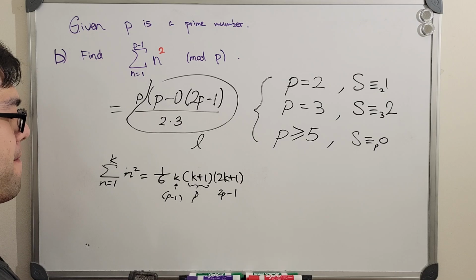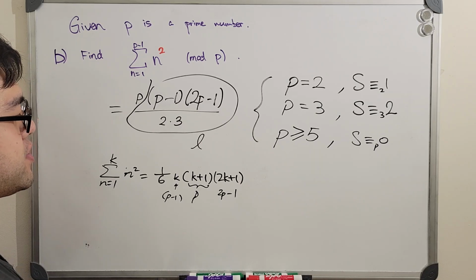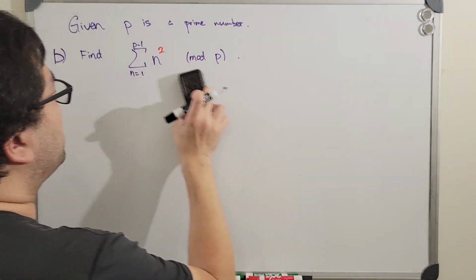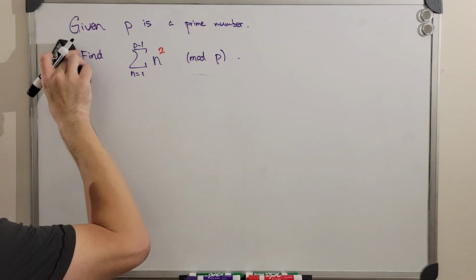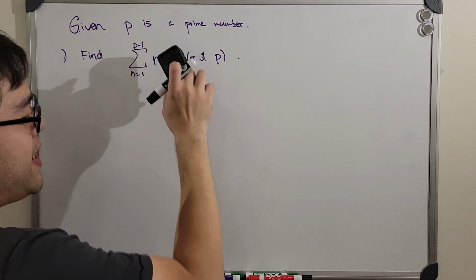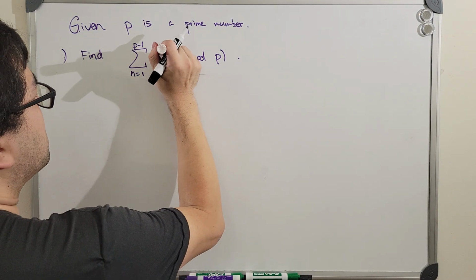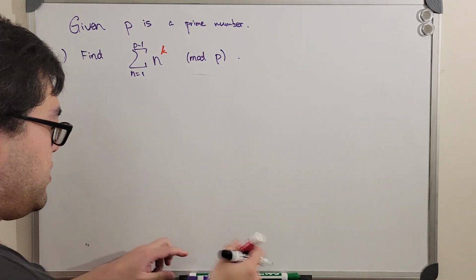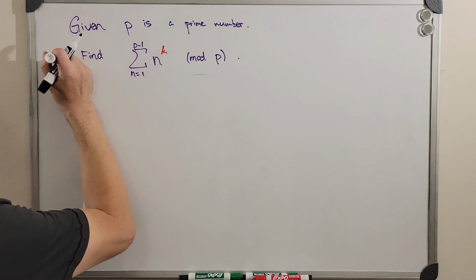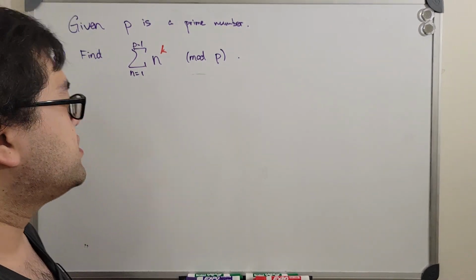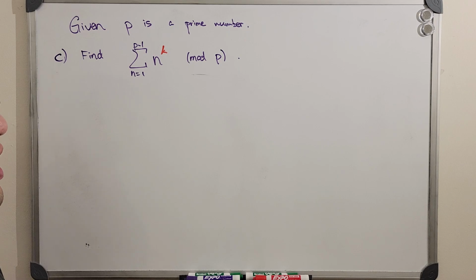All right, then what are we going to do next? For the last part of the problem, we are going to change the 2 into some k power. Now, of course, we saw from the last two parts of the problem that we need to separate into cases.